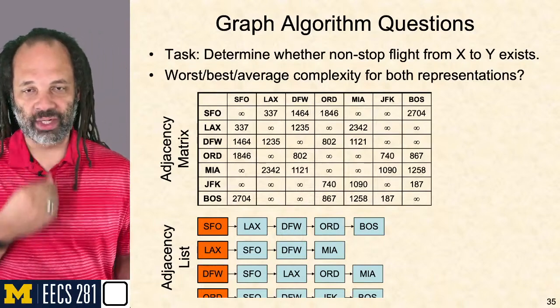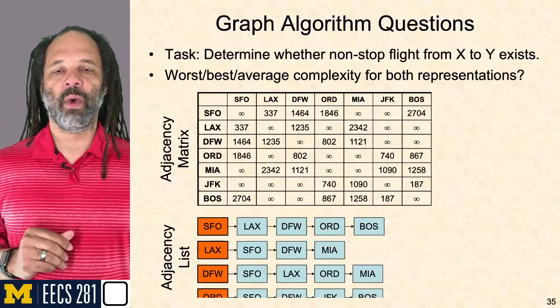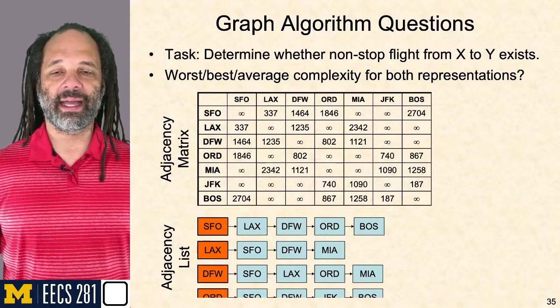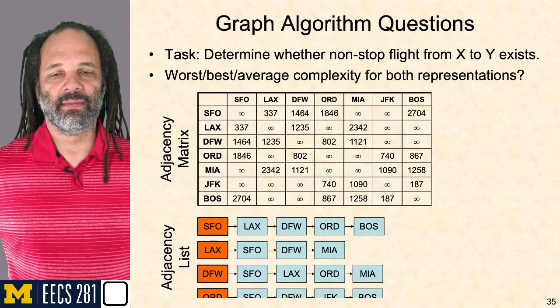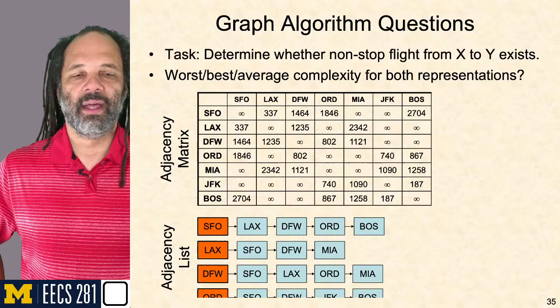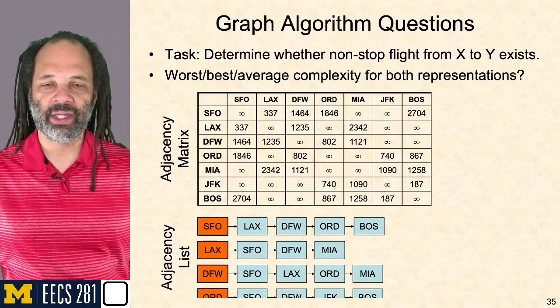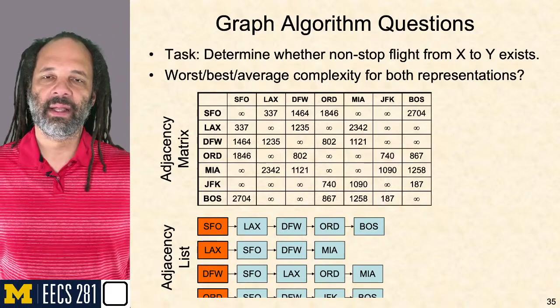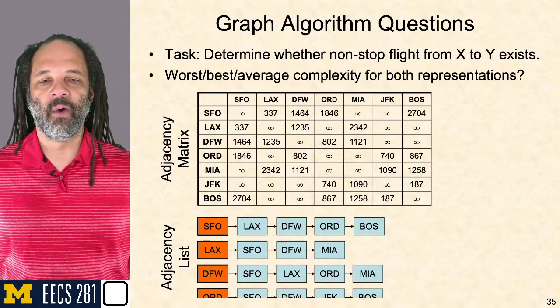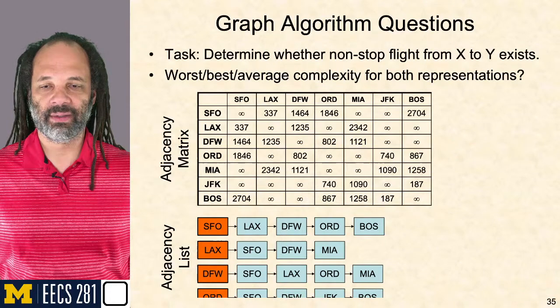So the first question is, determine whether a nonstop flight from X to Y exists. So given two cities and my two representation types, let's figure out the worst, best, and average complexity for both representations.